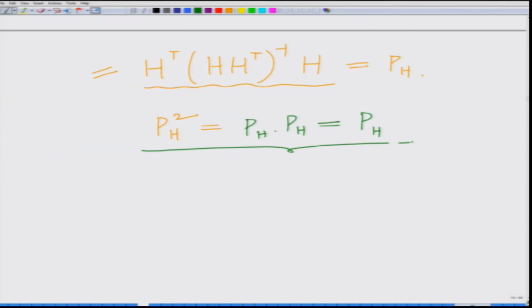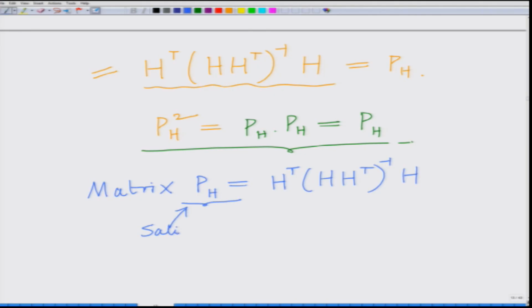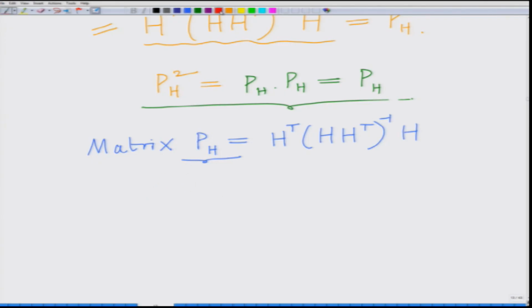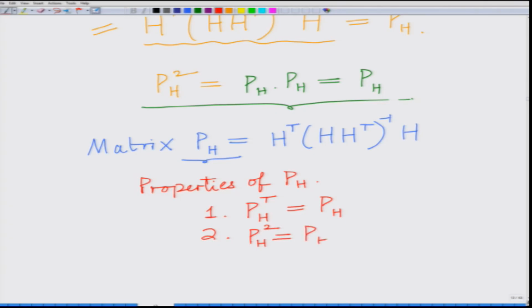The properties of PH are: 1, it is transpose symmetric, PH transpose equals PH, and 2, PH square, that is PH times PH, equals PH.